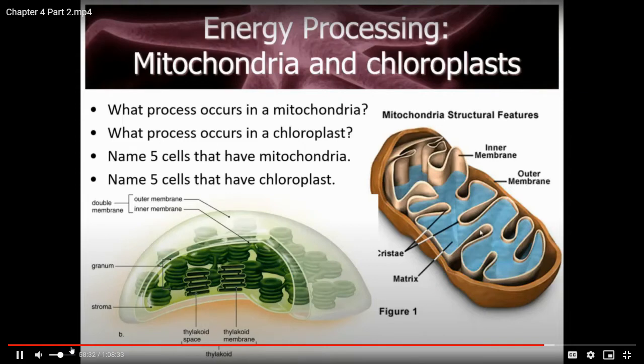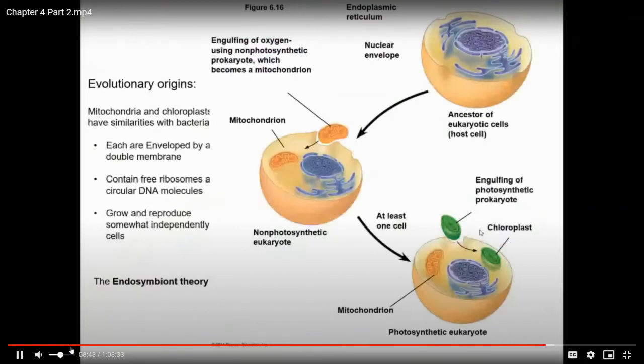Mitochondria and chloroplasts are organelles. They're membrane bound. Now, these are the other structures that you can see have two membranes. So where did their two membranes come from? Well, the idea is that they came from a bigger cell eating up smaller prokaryotic cells.